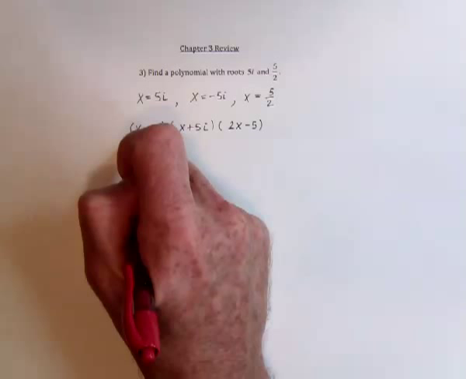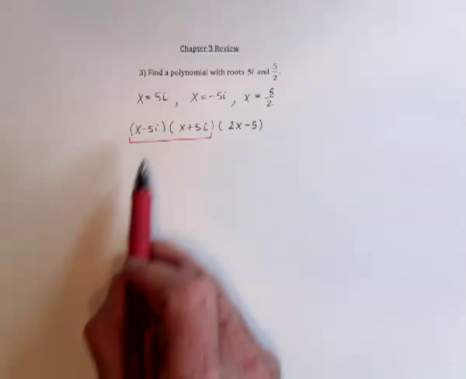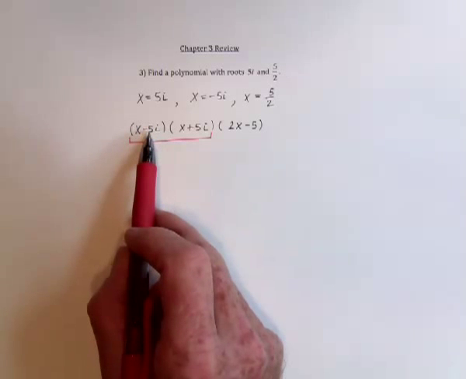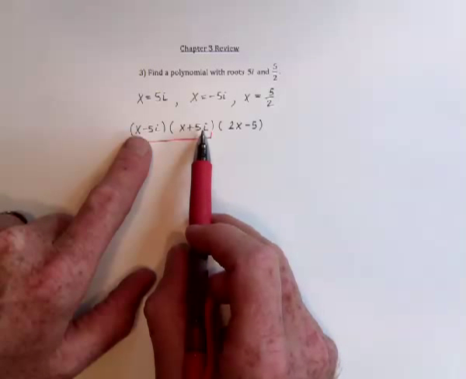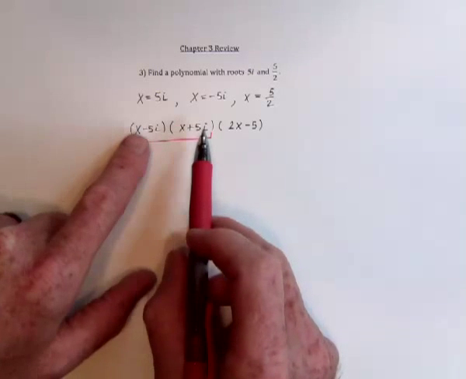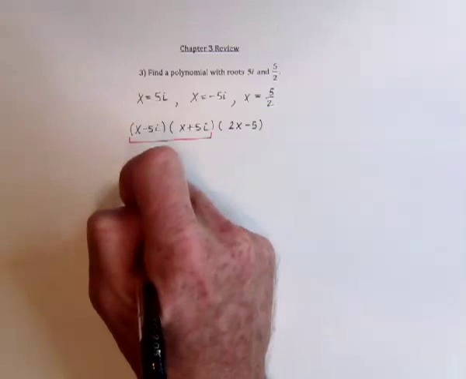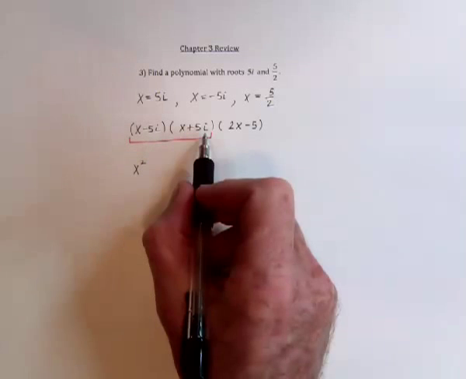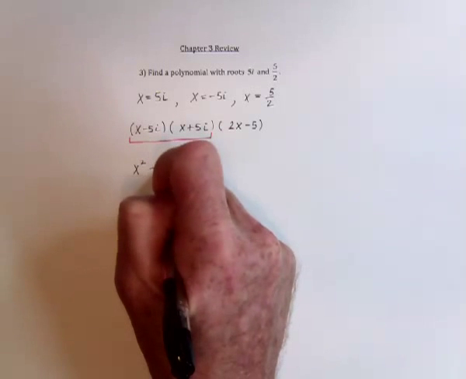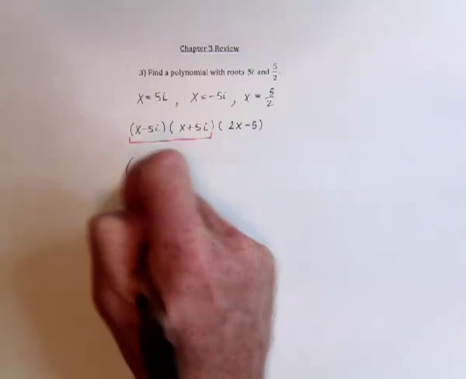It's easiest to multiply these two together first, because there's going to be, for the middle term, a negative 5i times x, and for these two it's going to be positive 5i times x, so they cancel. So we're left with the first term times the first term, which is x squared, and the last term times the last term, which is negative 25i squared.